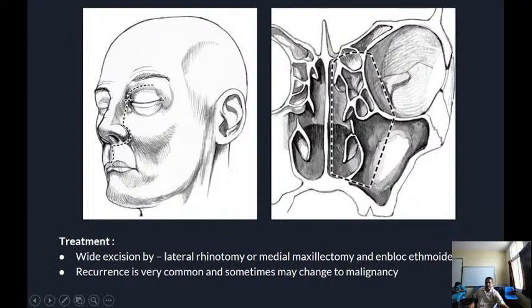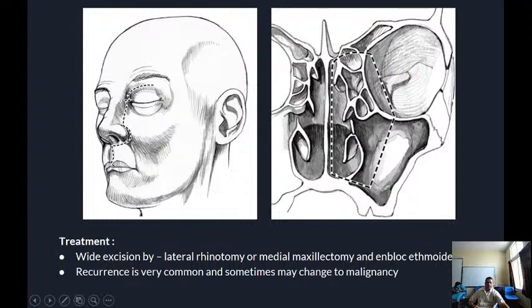Lateral rhinotomy is an incision wherein you cut open the nasal crease here and then go around and split the lip and lift up this part of the nasal cartilages, so you have space to go into the nasal cavity, and you can also lift this flap wherever there is requirement.